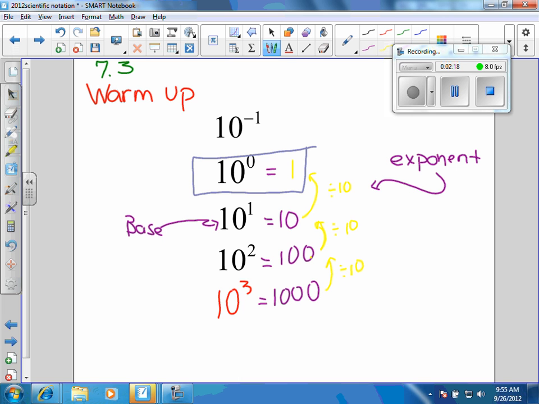Okay, so we're going to talk about if it's always 1 or just when the base is 10 in a minute. But if we continue with the pattern, Xander, what is 10 to the negative 1? Using the pattern, yeah, 0.1.